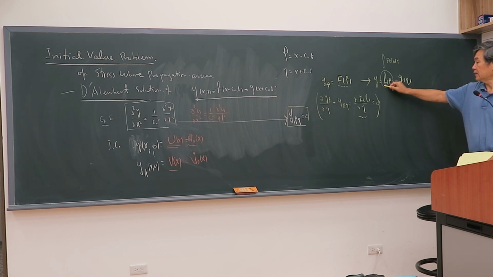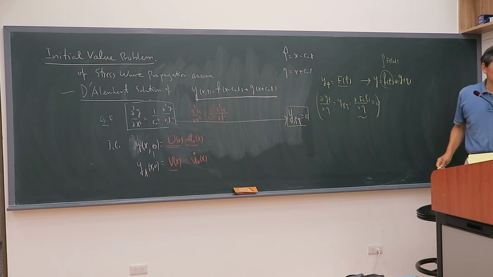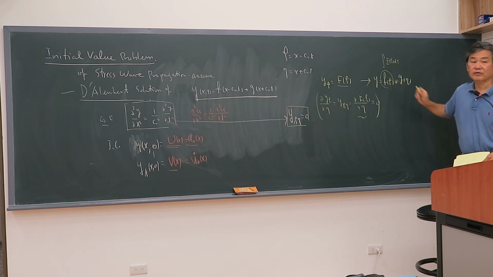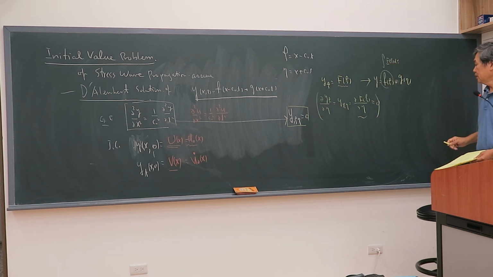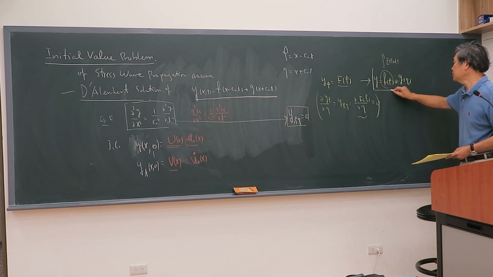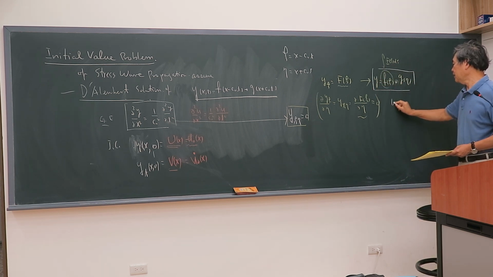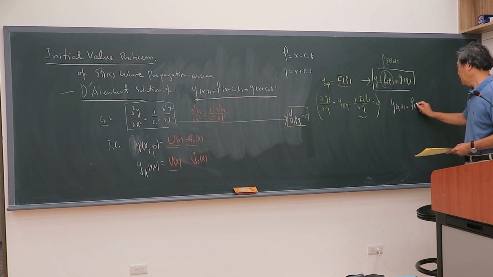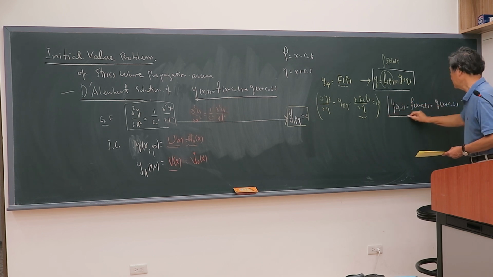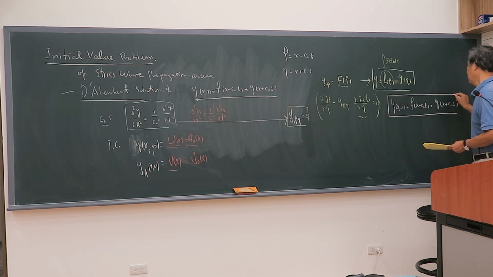You get another f format, right? This is a capital F, after integration you get a small f. So that's why this is my solution for the wave equation. And you put it back, you get y x t is f x minus c0 t plus g x plus c0 t. So this is my solution, right?